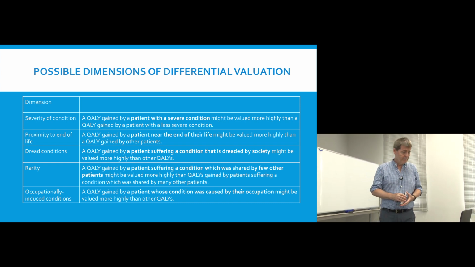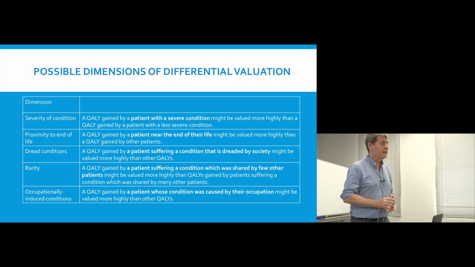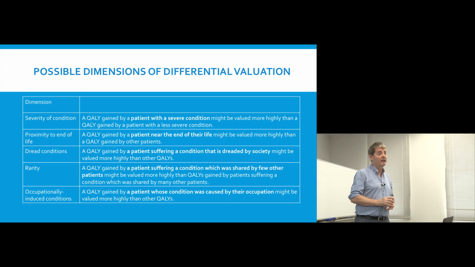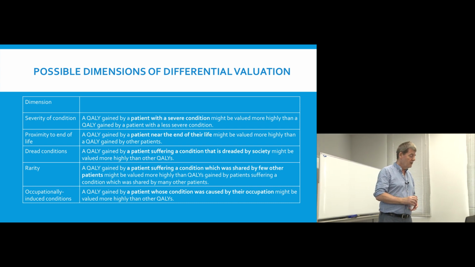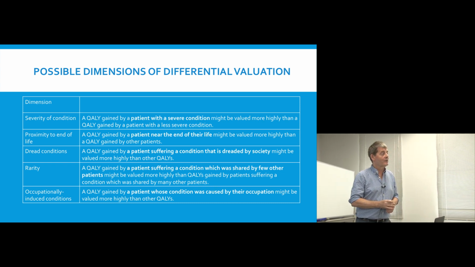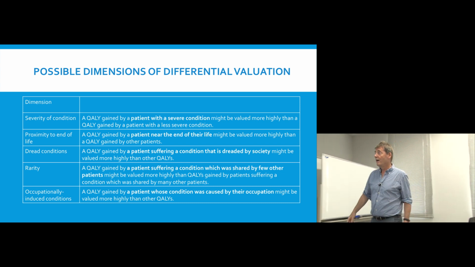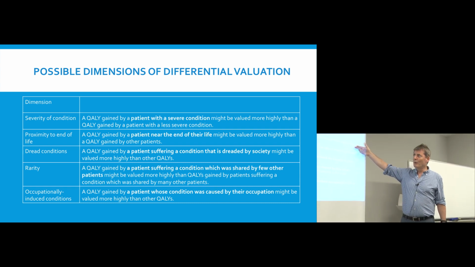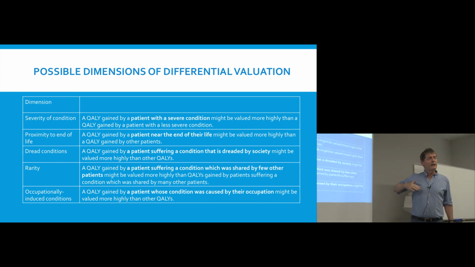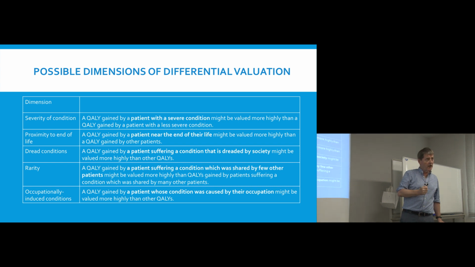Generally, in most countries, all QALYs are being treated pretty much equally. Recently, policy in Norway has changed to explicitly recognise that severity might be important, and so to allow for this. And the way they've tried to implement it is by using a higher cost effectiveness threshold when the patient has a particularly poor prognosis.